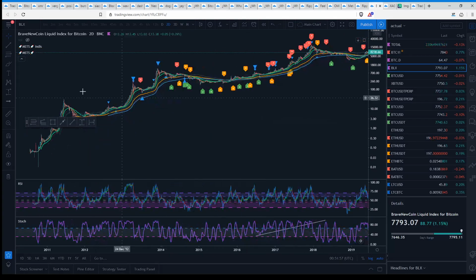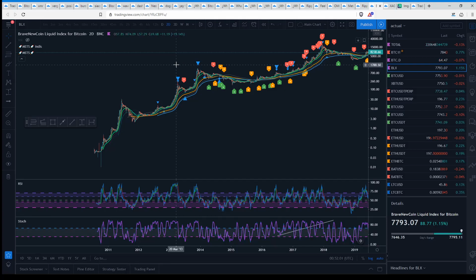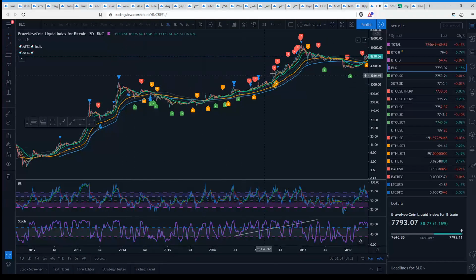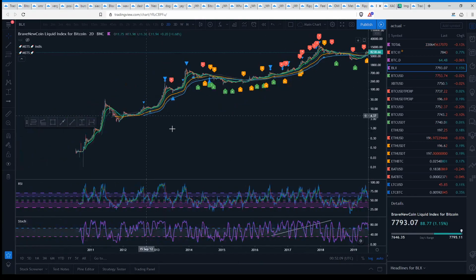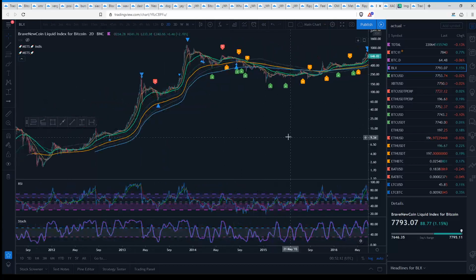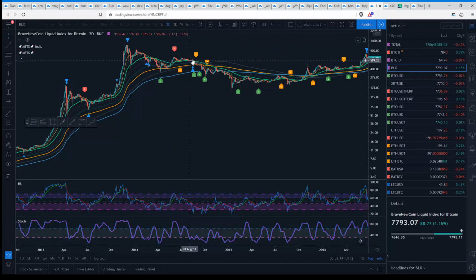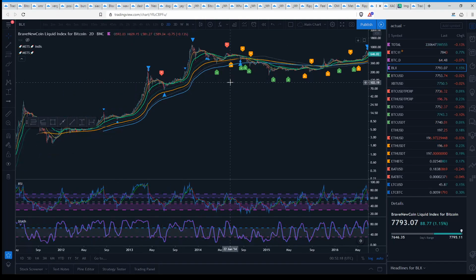Okay, so on the 2-day we have nice signals, so we can clearly see the take profits work pretty well on the 2 days, though I scripted it on the 1 day for SPY and Bitcoin.